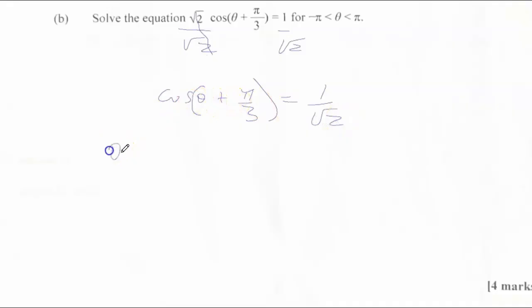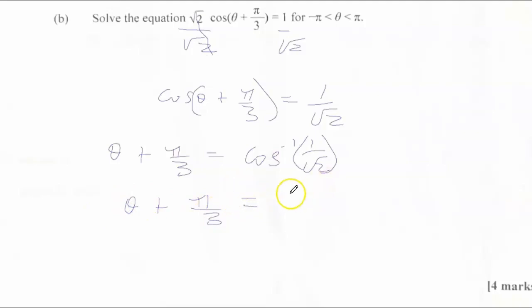So theta plus pi over 3 is cos inverse 1 over root 2, and cos inverse 1 over root 2, that's, well, in degrees 45 degrees, but we want it in radians. So in radians, 45 degrees is equivalent to pi over 4.